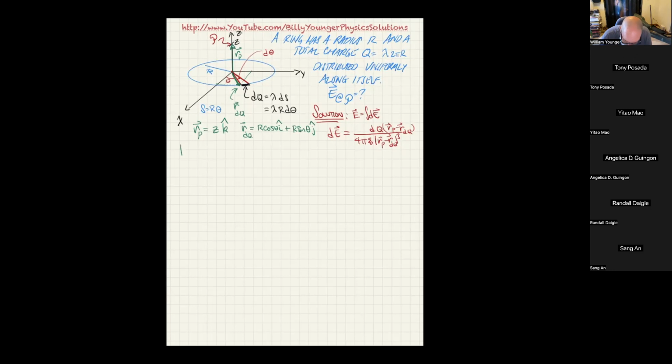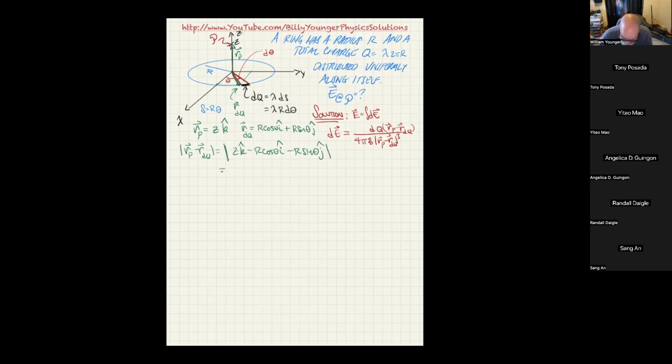So that's that. It might be confusing when you go to look at the magnitude of rp minus rdq, because that's going to be the magnitude of z k hat minus r cosine theta i hat minus r sine theta j hat. That might not be that easy to understand.